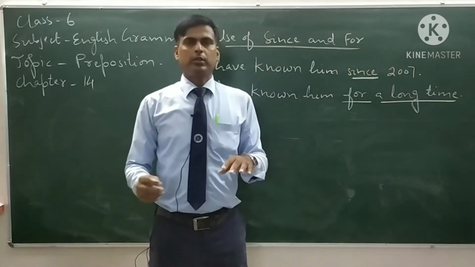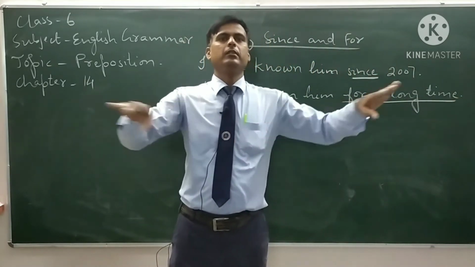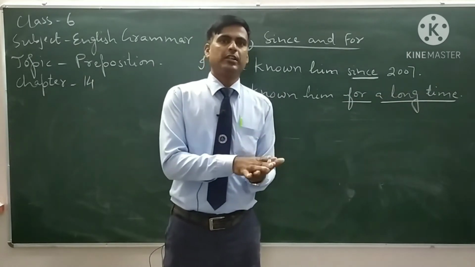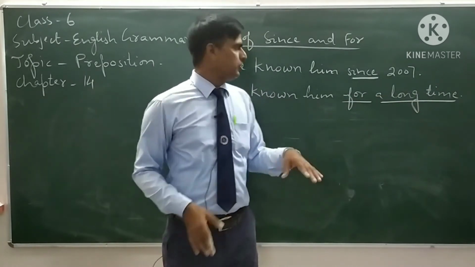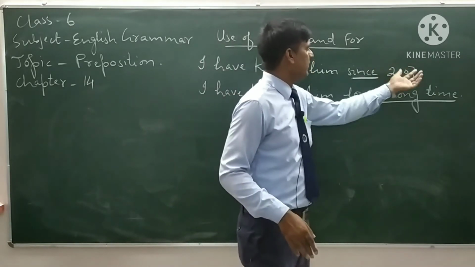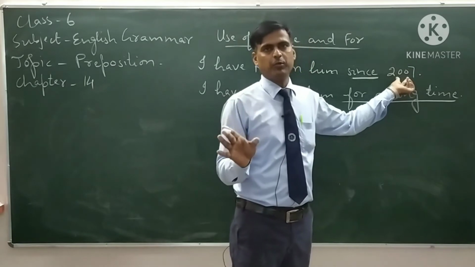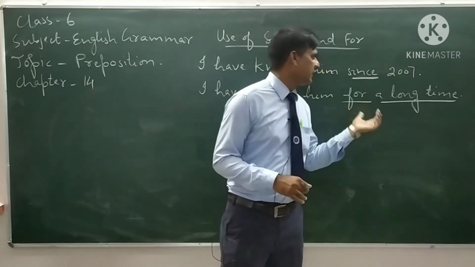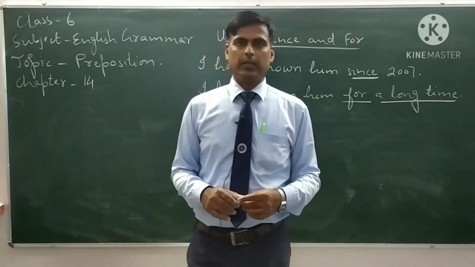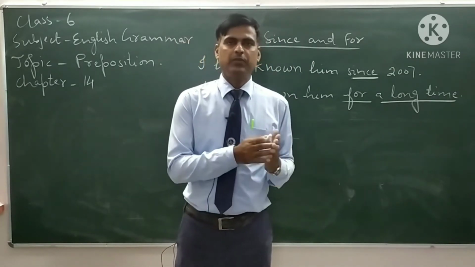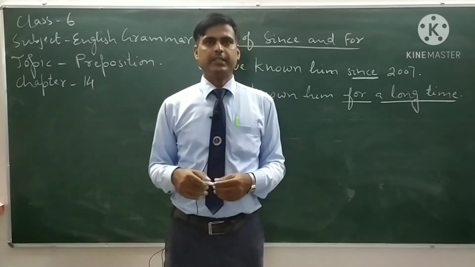We know the period has been a long period, बहुत लंबा हो चुका है, but we don't know the starting point. But in the first sentence we know the starting point. That's why in the first sentence we have used since, and in the second sentence we have used for. So since is used for definite time and for is used for indefinite time.